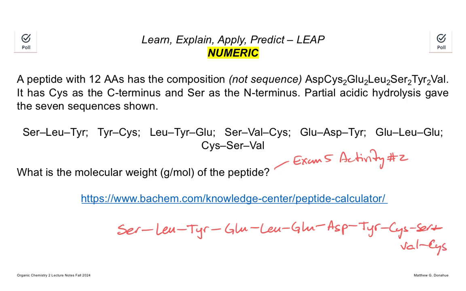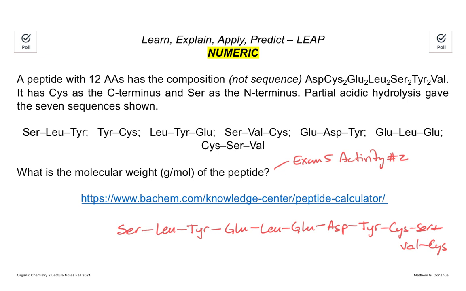And so the activity now is, I want you to go onto this website called bachem.com. And as a tab in there, they have this thing called Knowledge Center and Peptide Calculator. So if you go in there and enter that sequence, it's going to spit out a bunch of stuff for you. And essentially, you're going to do that as an activity for your own thing, but we'll walk through it now.